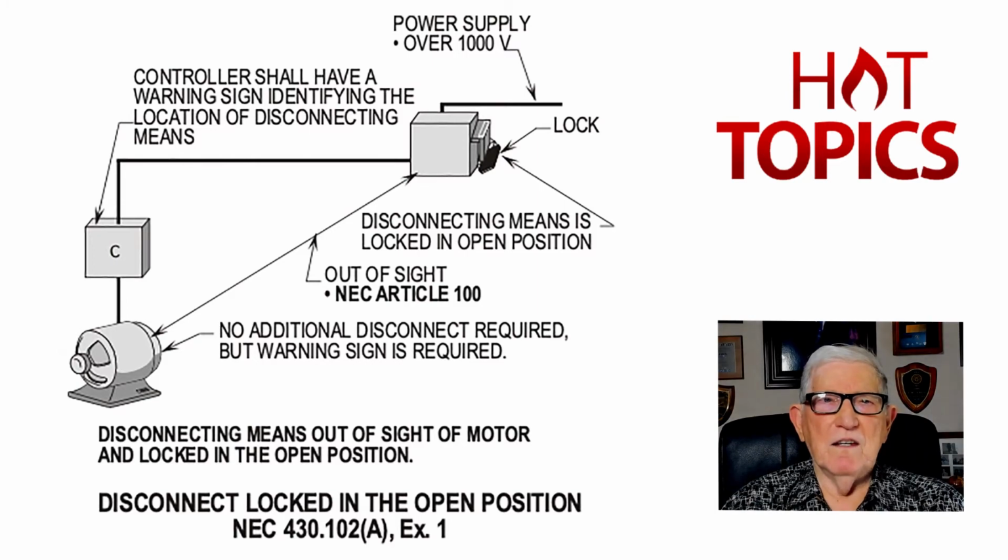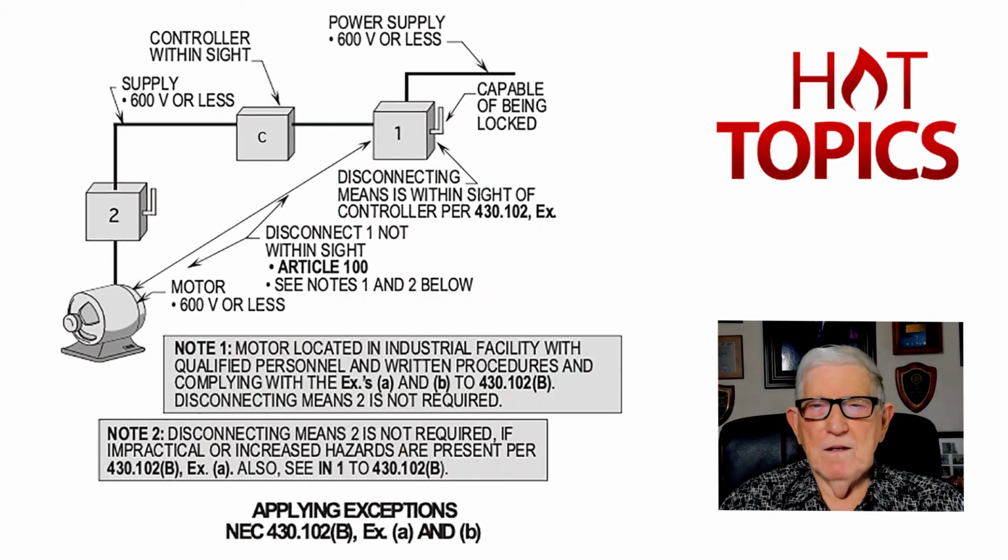Now, the next illustration that we want to review is 430.102(B), and it would be Exception A and B. And notice this motor, 600 volts or less, the disconnect is capable of being locked in the open position.